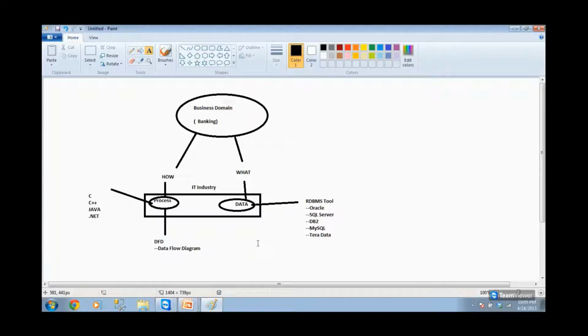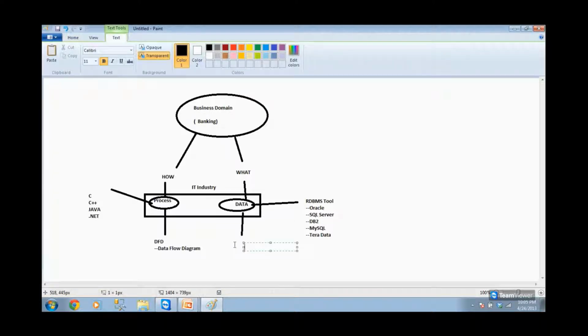I would like to understand a company's data, but how do I understand it? Is there any process? Yes, the process is called ERD. ERD stands for entity relationship. So you have two processes.